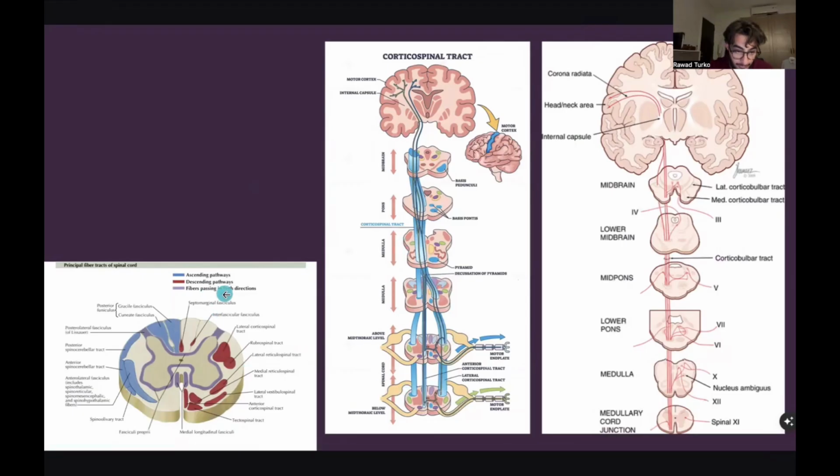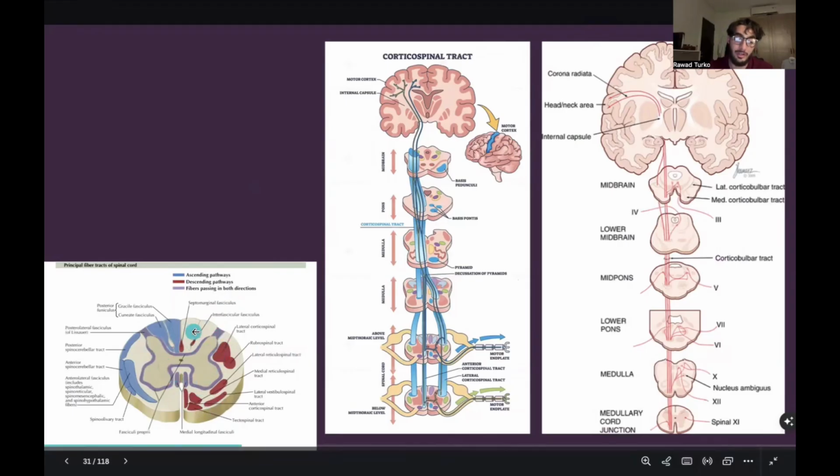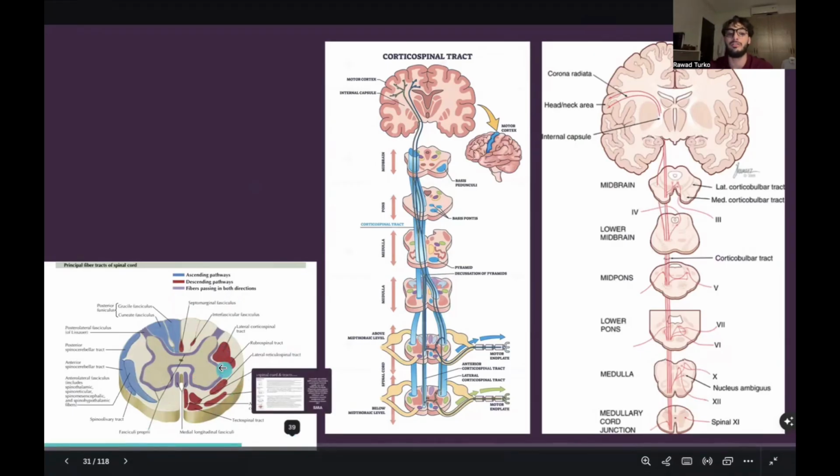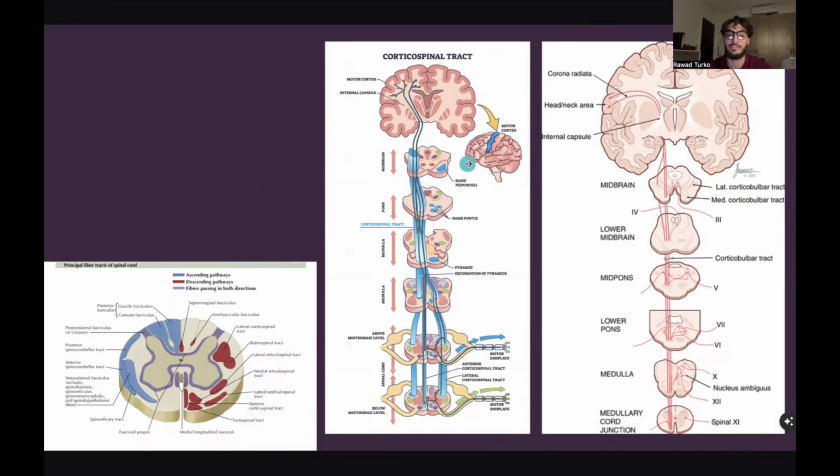Let's say we have a spinal nerve exiting at this specific level. It's going to come down in the lateral corticospinal tract, go to the anterior gray horn, synapse there, and then exit out of the spinal nerve.